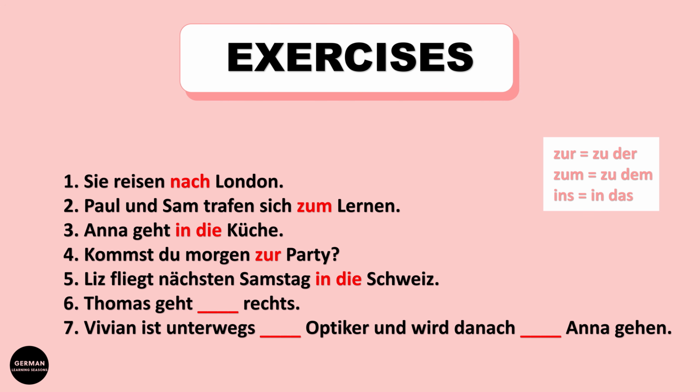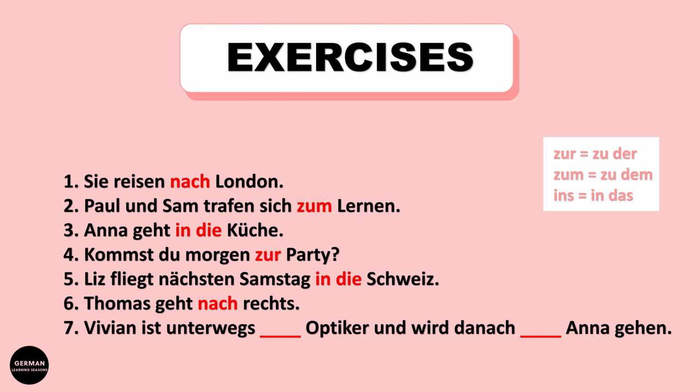Next one. Thomas is going to the right. In German, Thomas geht nach rechts. Why is it nach rechts? Because rechts is a direction, so we have to say nach rechts. And our last one. Vivian is on the way to the optician and afterwards she will go to Anna.